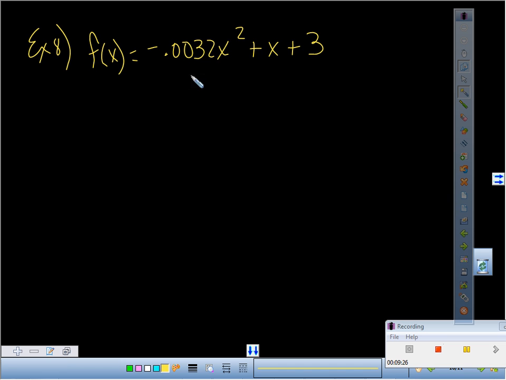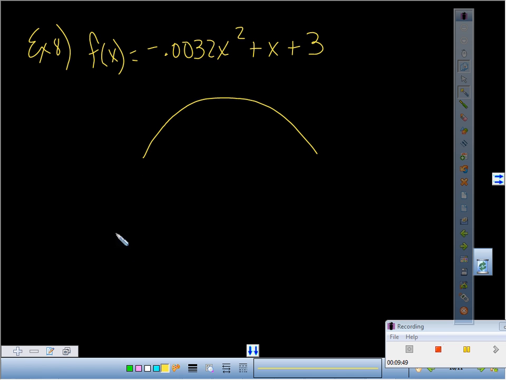It's hit 3 feet above the ground at a velocity of 100 feet per second and at an angle of 45 degrees. So it's hit and it's going to make a what? A parabola. And obviously, it's a parabola that opens down, okay? And here's what's going to happen. The x is going to be how far out it is, its length, and the y is going to be its height.